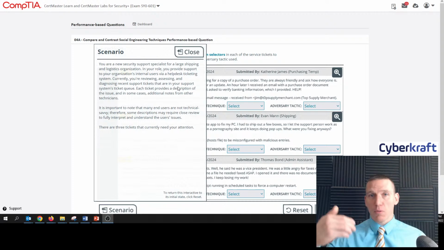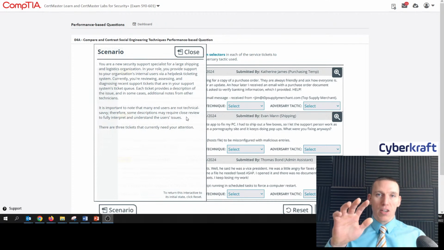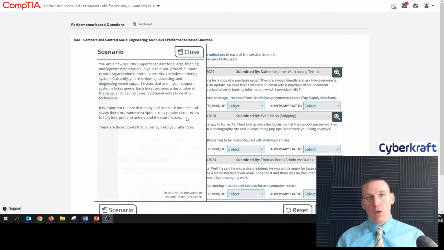So we're going to be receiving help desk tickets. Let's keep that in mind as well. It says we might have some notes from other technicians or users. It's important to know that many end users are not technically savvy, therefore some descriptions may require close review. So it looks like we're going to be getting descriptions from users and from other technicians. So we're going to have to translate or guess the meaning of these people, what they're trying to talk about.